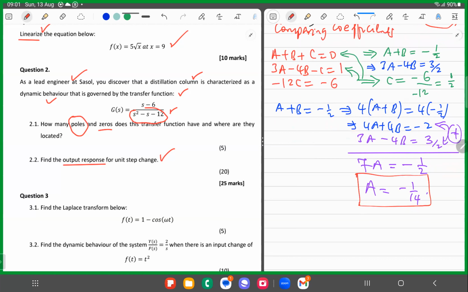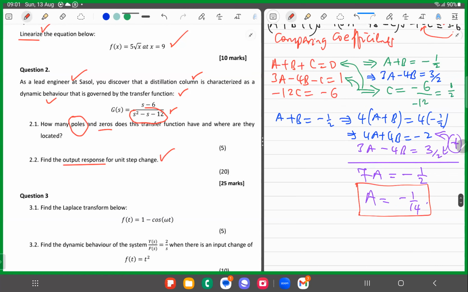Can I interrupt? Yes, please. Comparing coefficients, I see what you did with those three equations, and then we got c, and then you substituted c, the 1/2, into the second equation and the first equation, right?